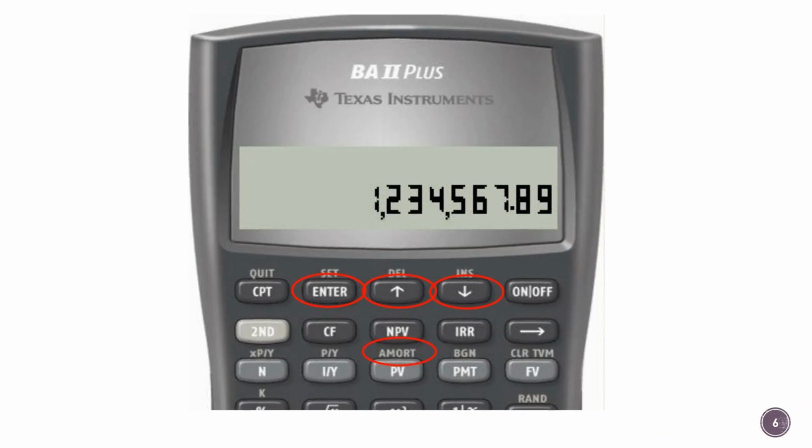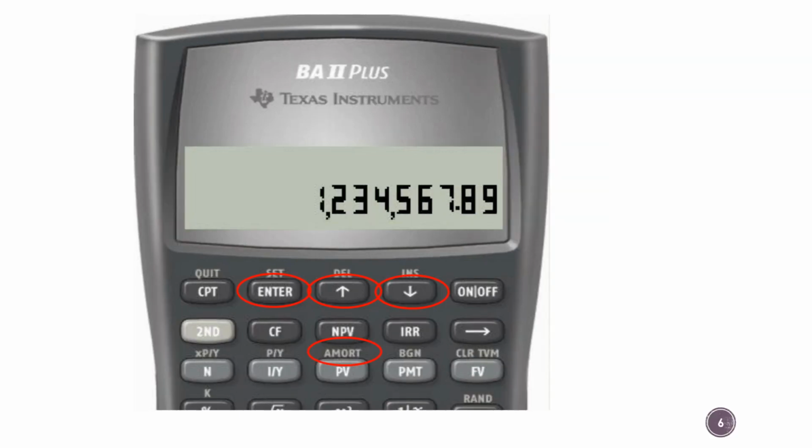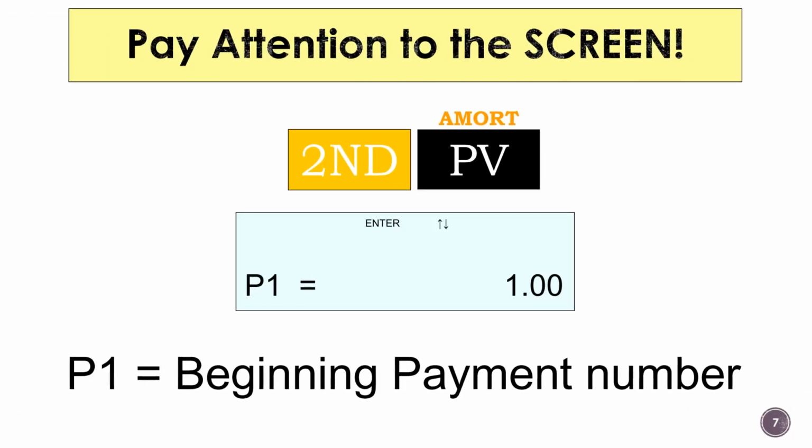And then this is a look at the actual calculator, right? So you've got your enter key and your up and down arrows and AMORT. So we use second AMORT to get there, and then the up and down arrows to look at the different categories. So the first one that you would see when you push second PV is the one that says P1 equals.